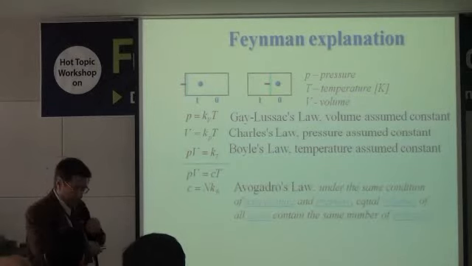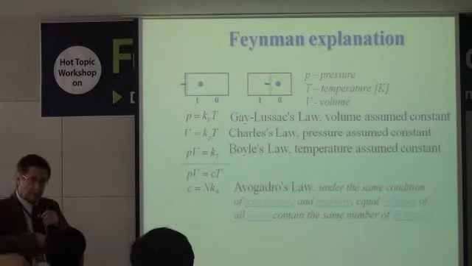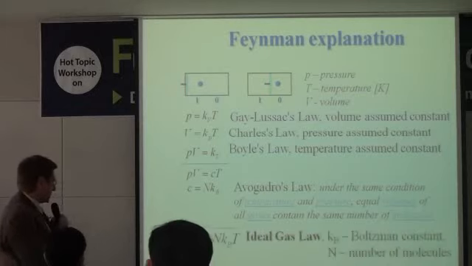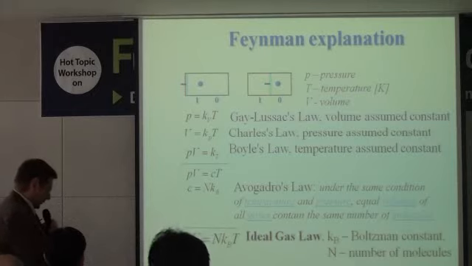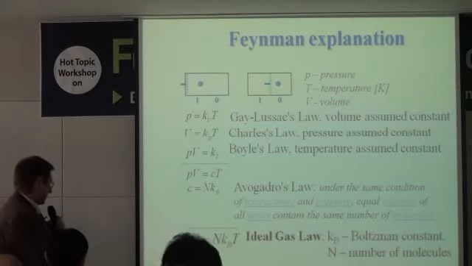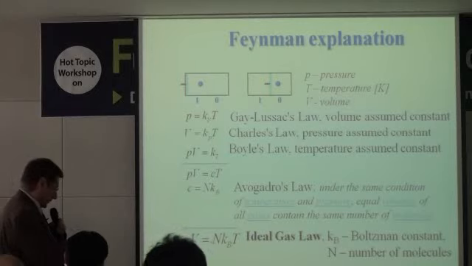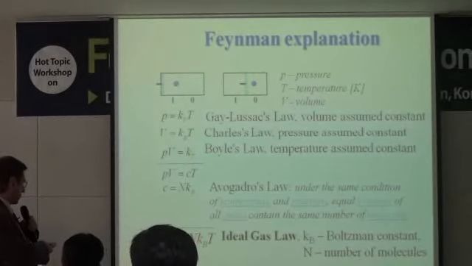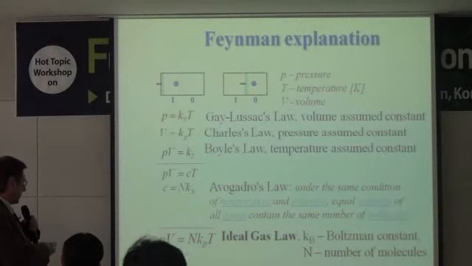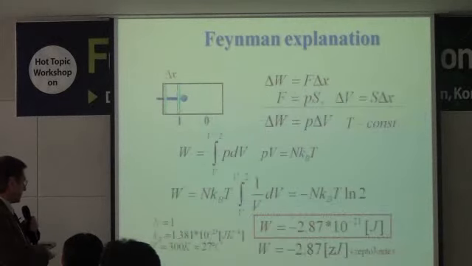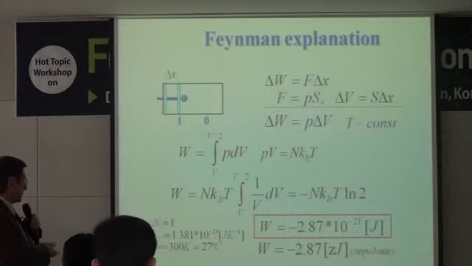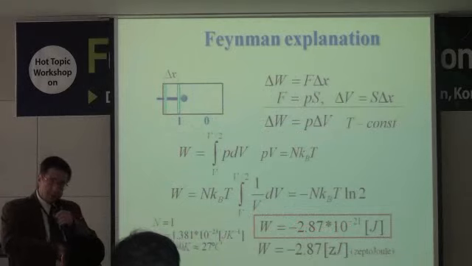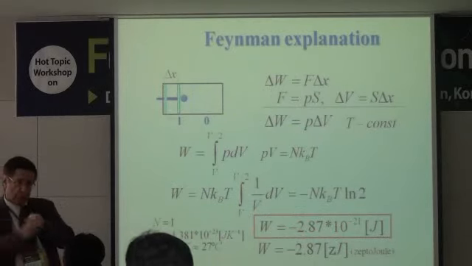Then it's quite an easy calculation how much energy is needed to push the wall to the middle. I'd like to save some time because we are behind schedule. I will not explain in detail, but we can obtain the law for an ideal gas, and if we put one molecule here, then we can obtain that we need approximately 3 zeptojoules for this movement.